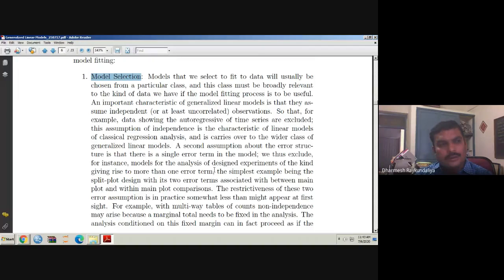If the hypothesis is rejected through the p-value, then we say that there is an association between the two attributes, because the null hypothesis is that the attributes are independent, that there is no statistical association between them. But do you say that the variables are independent? The non-independence arises because marginal totals need to be fixed. So either you have to fix the row total or the column total. That means somewhere you are making a restriction. Getting my point?